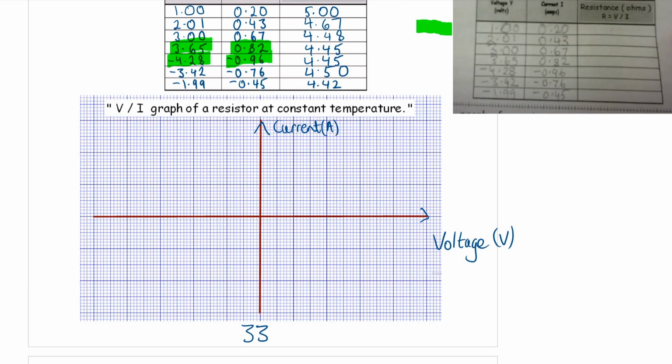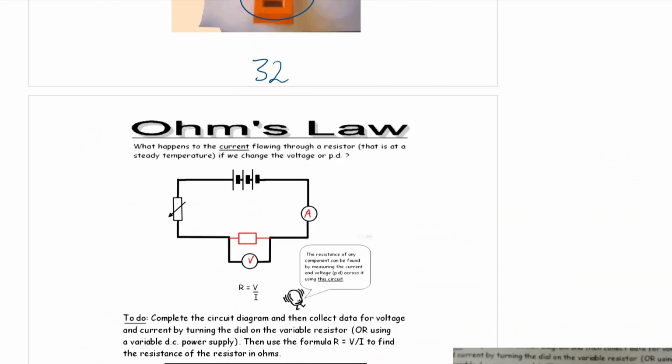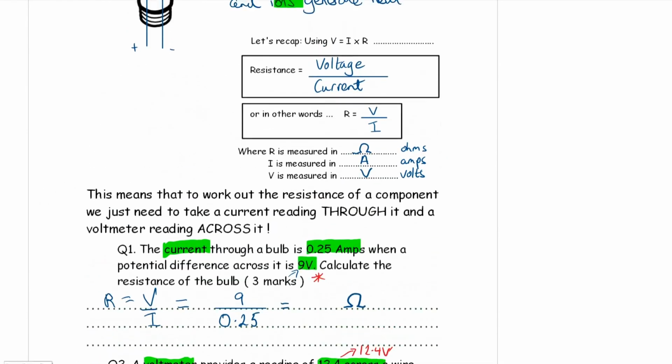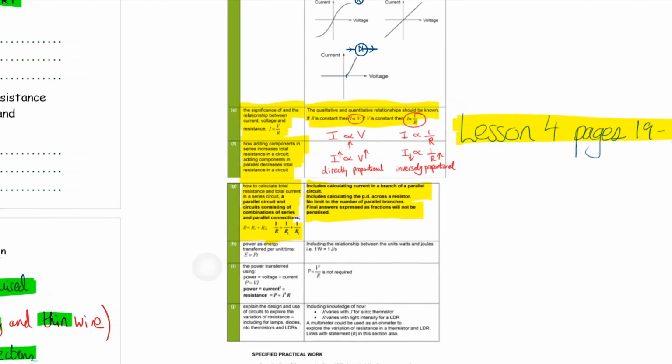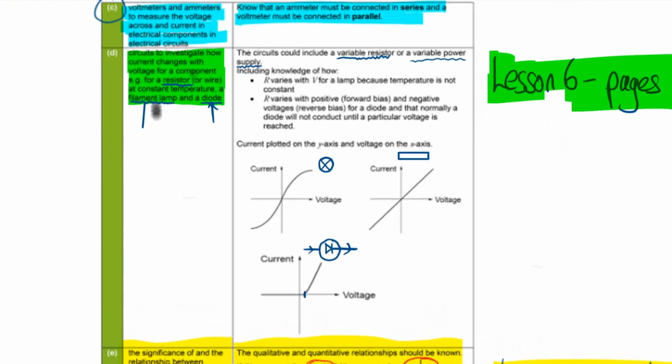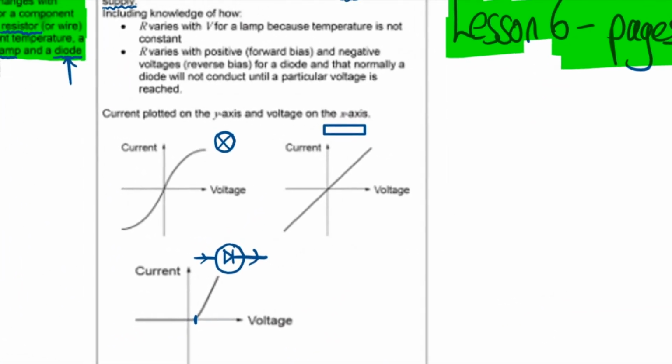It goes here. What we're trying to achieve here is to understand the shape of the graph for a resistor, and then for a bulb, and then for a diode. If we go back to the start of today's lesson and we look at the learning objectives, these are the three different graphs we're looking at, and the one we're looking at now is for the resistor.